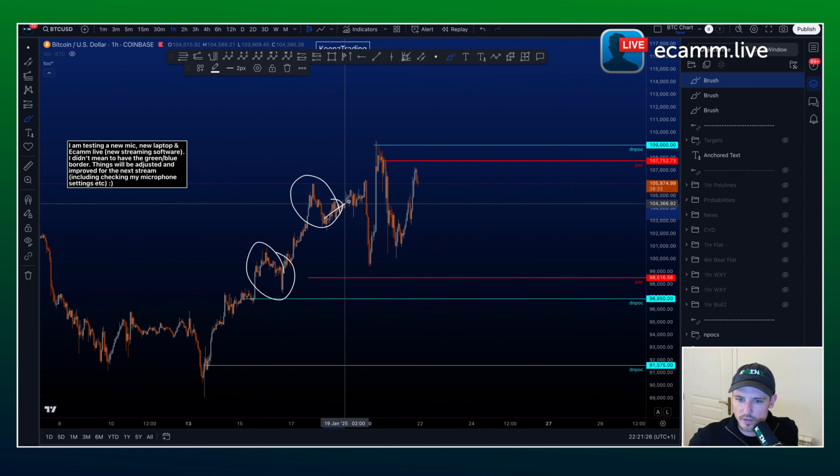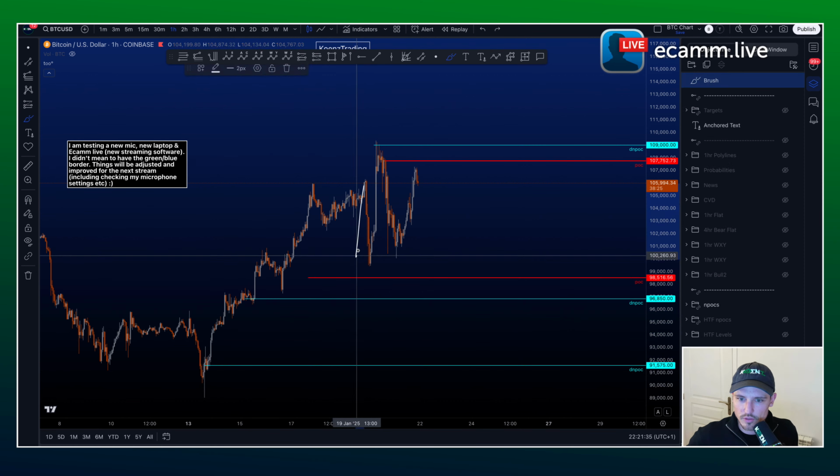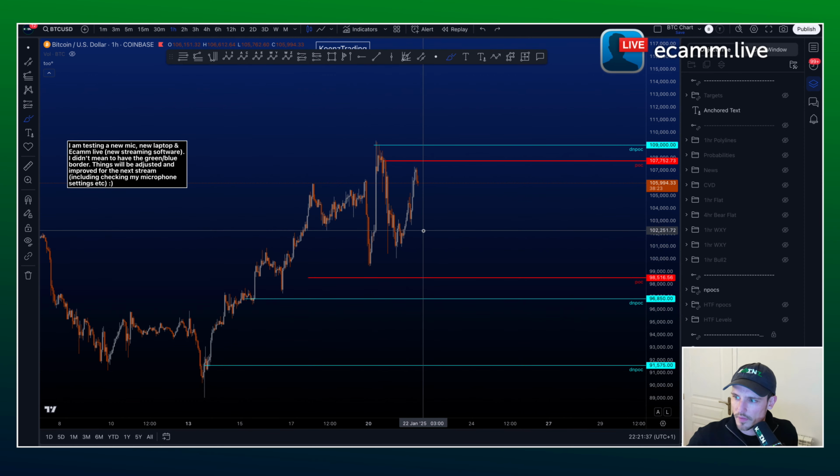This is my wave 4. This is 5. So to count an impulse, I count 1, 2, 3, 4, 5, and then you start correcting. That would be the way I count this.